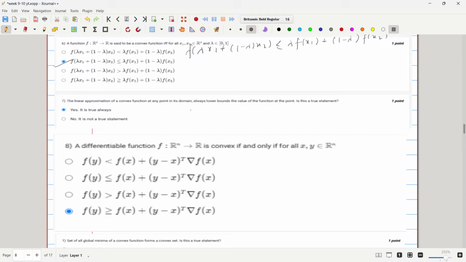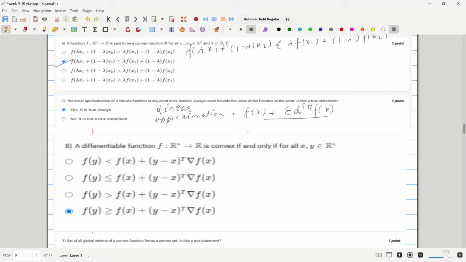Okay, so let me find the linear approximation. The formula for linear approximation is f(x) plus epsilon times d transpose gradient of f(x).